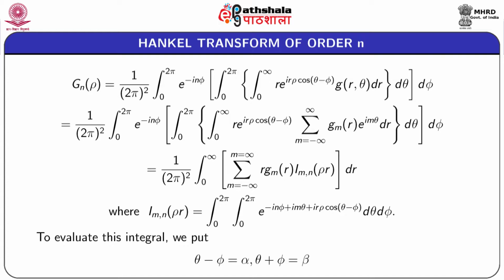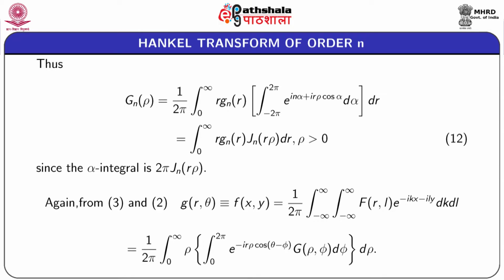So, this summation contributes when m is equal to n, otherwise it is equal to 0. So, in the expression for G n rho, we evaluate the inner integral and we obtain G n rho as integral from 0 to infinity r g n r j n r rho dr, where rho is positive as given by equation 12, since the alpha integral here can be simplified to 2 pi j n r rho.